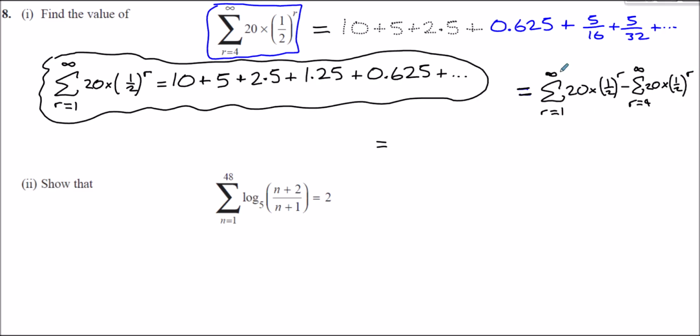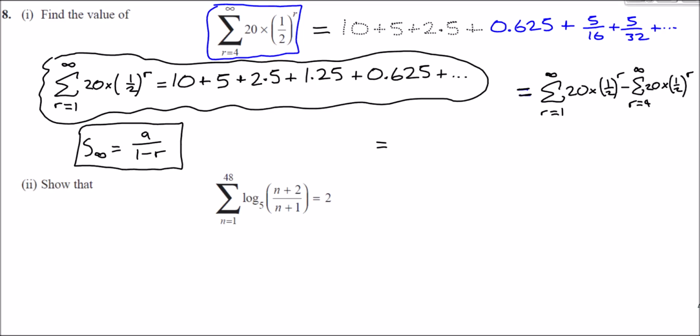So from r being 1 up to infinity, there is a formula for the sum to infinity. So if I just remind you what it is here, the sum to infinity is a over 1 minus r. And as well, there's also the sum of the first n terms of a geometric sequence.